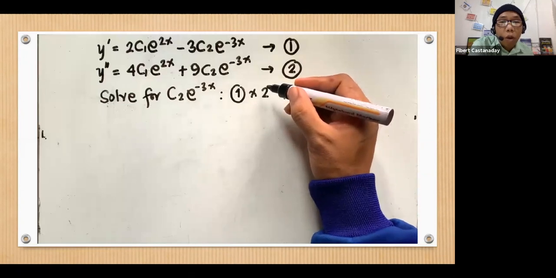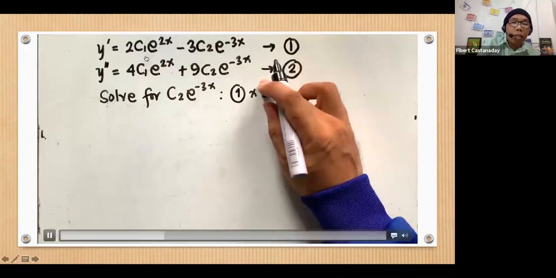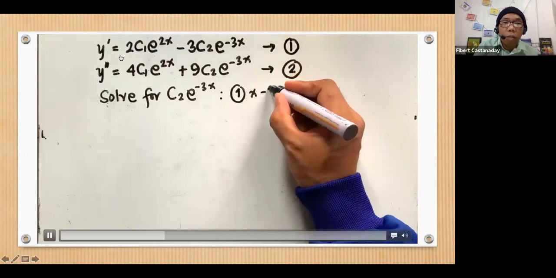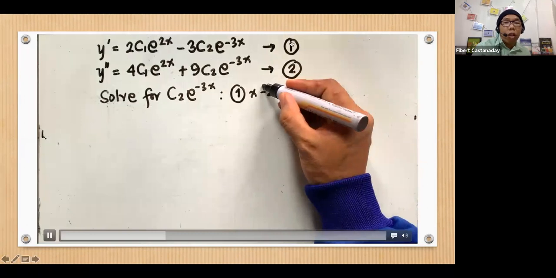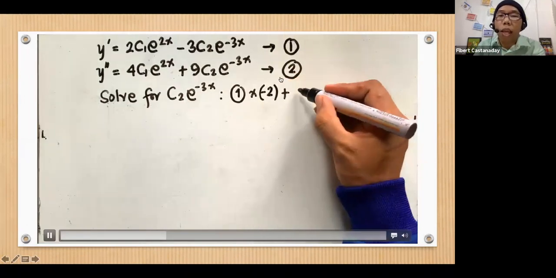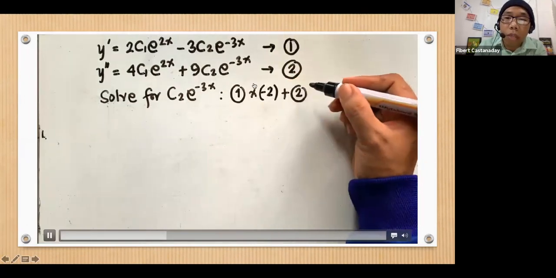So if I'm going to add, I should be making this term negative. So multiply ko siya by minus 2. Okay, the entire equation 1 by negative 2. And then I will add positive 2 because the idea here is to eliminate the first terms, yung c sub 1 na part, para masolve ko yung c sub 2 e raised to negative 3x.